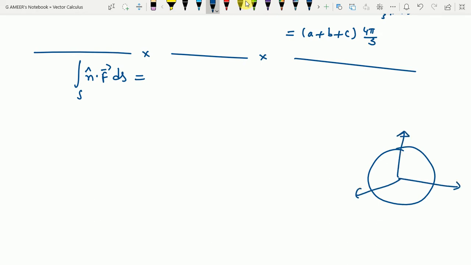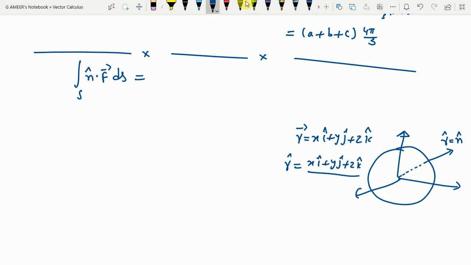For a sphere, n cap is easy to write. Any radial line itself will be the n cap. Suppose at a point, this is the radial line. See, the r cap itself is the n cap. So the r vector can be written as xi cap plus yj cap plus zk cap. So n cap means r cap, which is xi cap plus yj cap plus zk cap divided by the square root of x square plus y square plus z square, that is 1, since the radius is 1.